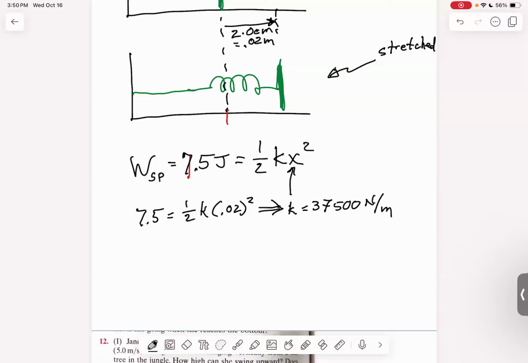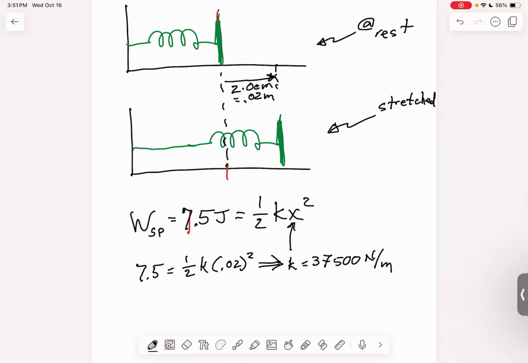All right, so that's going to be an important number for us because we want to compare it to the work that it's going to take to move it another, it says another 6 centimeters. Okay, so we're going to move this second spring. Let's move our work down just a little bit.